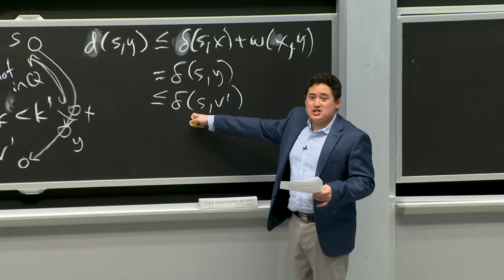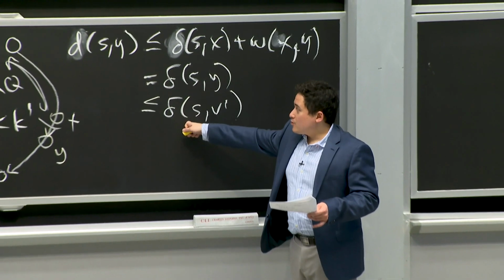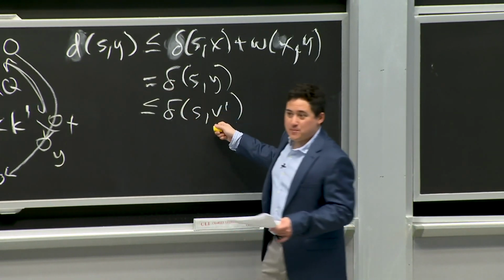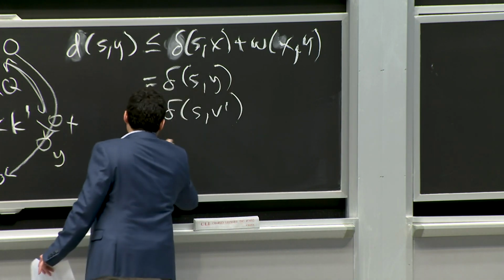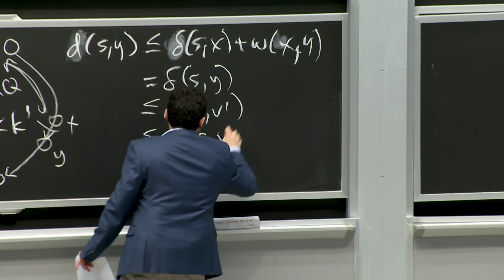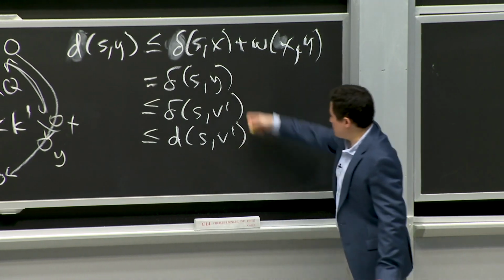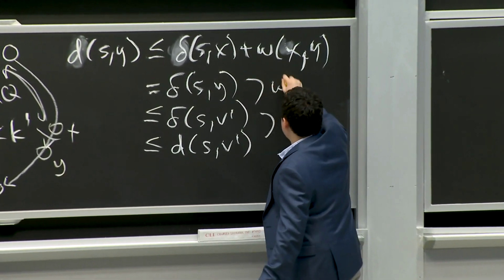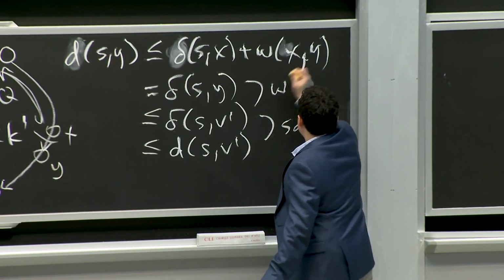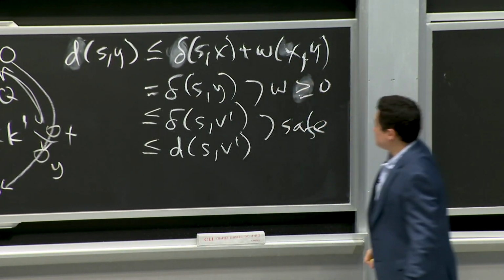But because relaxation is safe, we know that our distance estimate for v prime has to be at least the shortest path distance, right? This is because it's safe. This is because weights are greater than or equal to 0.